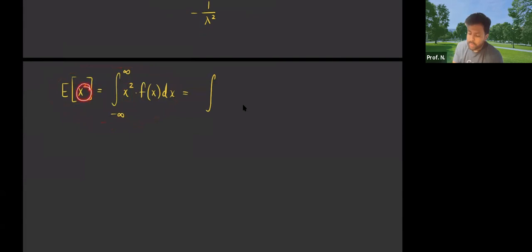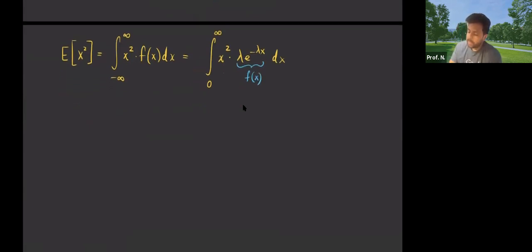But now when we're speaking about a random variable that's exponentially distributed, this lower bound will become 0. This will remain infinity, and we have x squared times f of x, which is lambda e to the negative lambda x dx. We can take the lambda out because lambda is a constant in this integral.